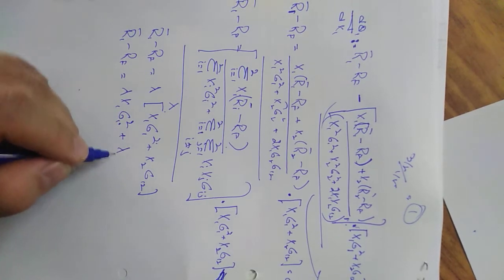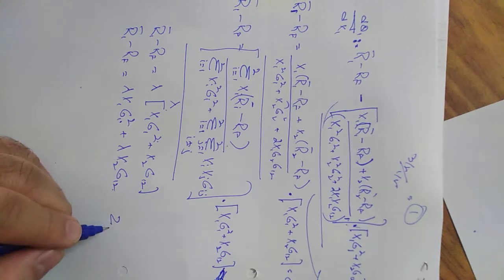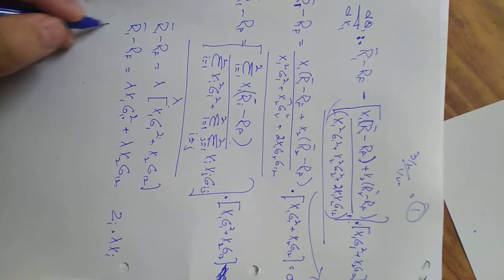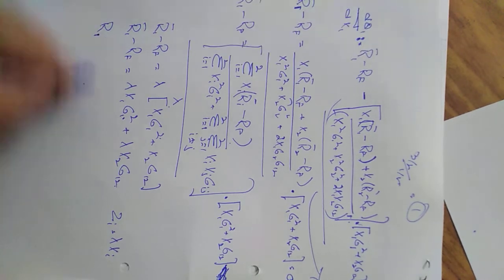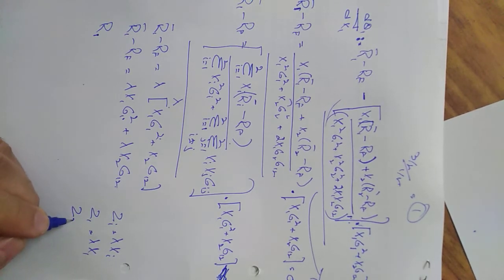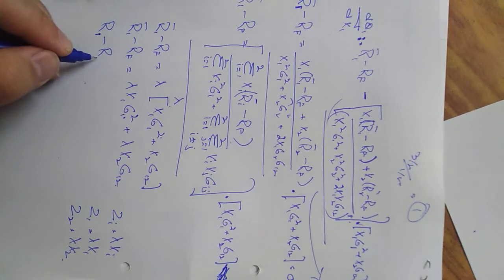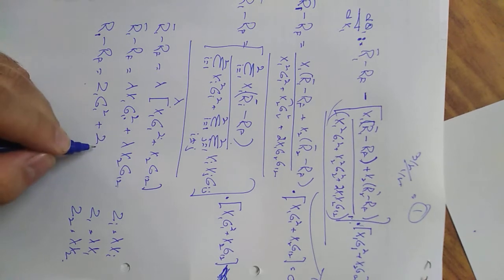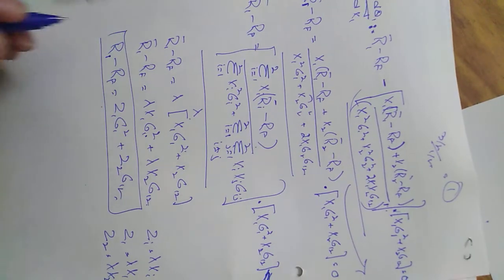Now if I say zi is equal to lambda xi, what happens? Lambda x1 becomes z1 and lambda x2 becomes z2. So R1 minus RF is equal to z1 plus z2 covariance. This is the thing we derived over here.